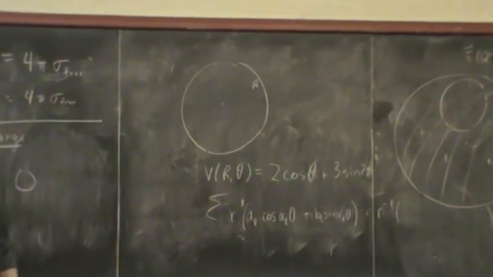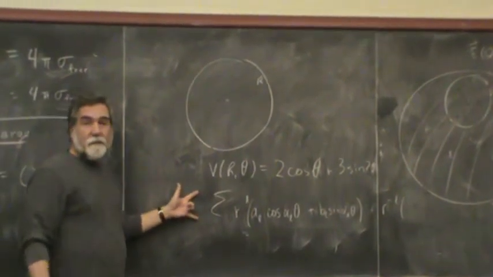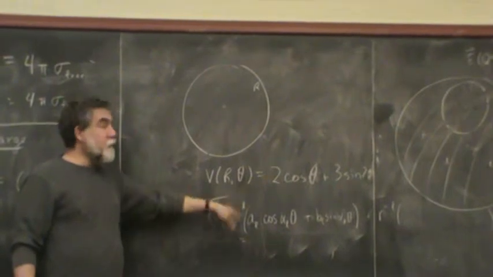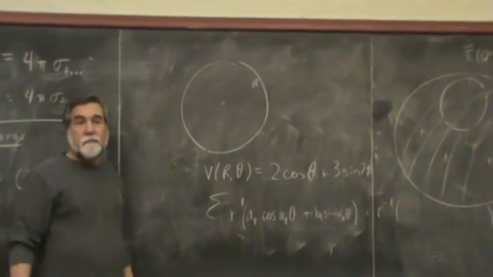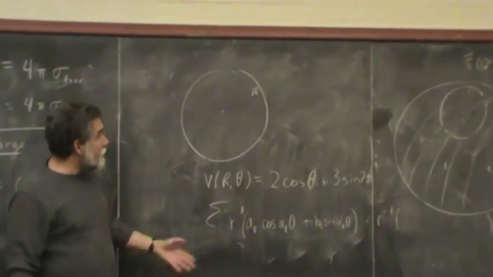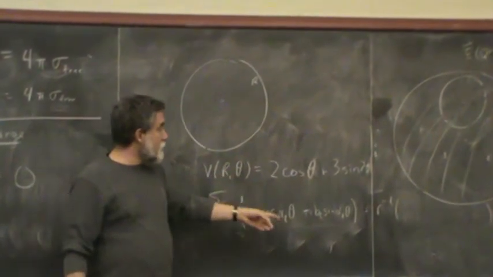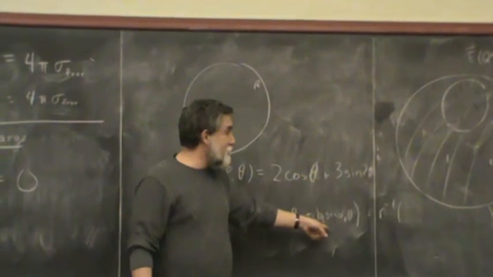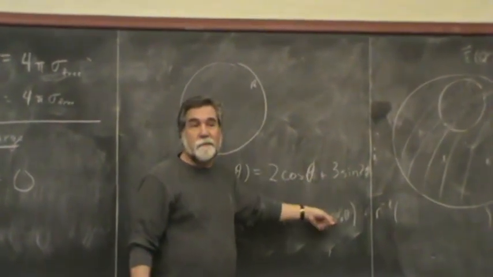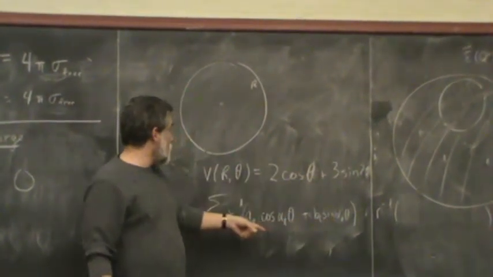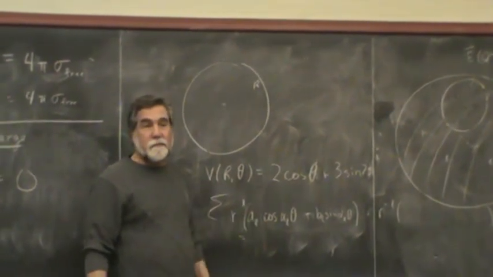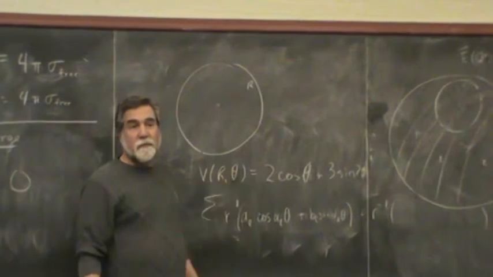Which is good because a lot of the terms end up canceling out. There's a lot of zeros. And so it'll turn out, by the way, for this thing here, that the r to the 2 term, b sub 2, survives, let's say, and r to the 1 survives, a sub 1 survives.